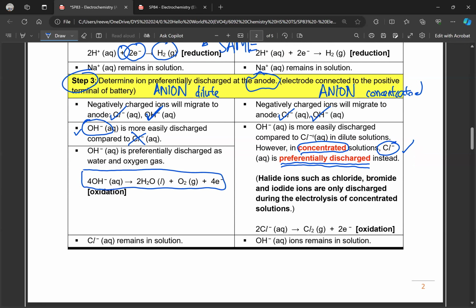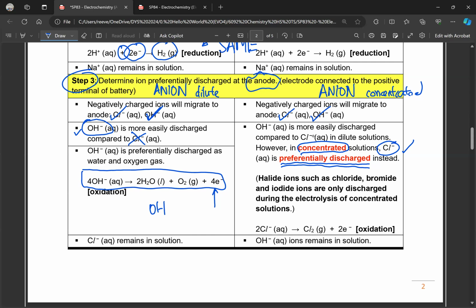When the OH- goes to the anode, it will release the electron. That's why the electron comes out. When it releases the electron, what will it become? It will not become OH. There's no such thing as OH. It will reform into H2O and oxygen.